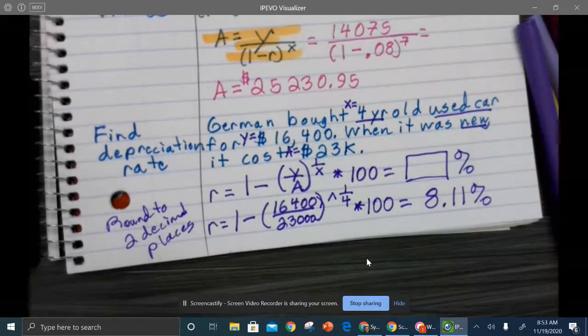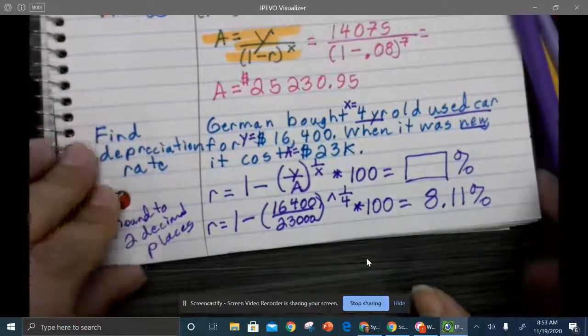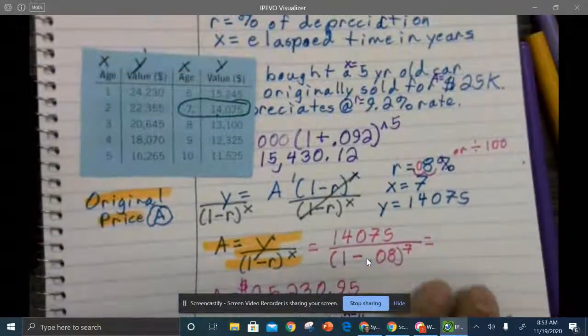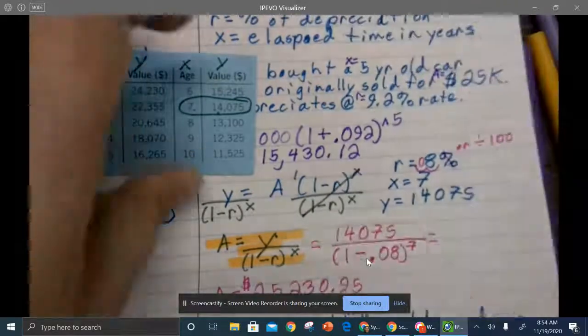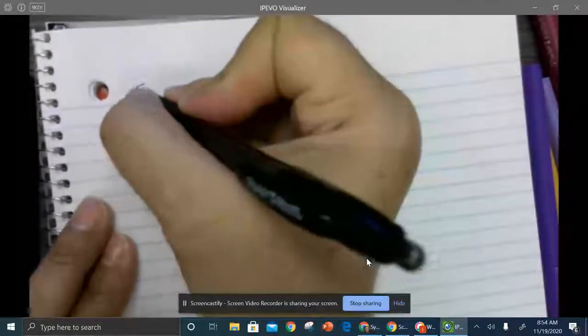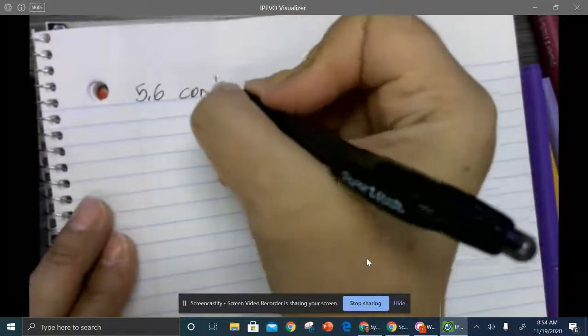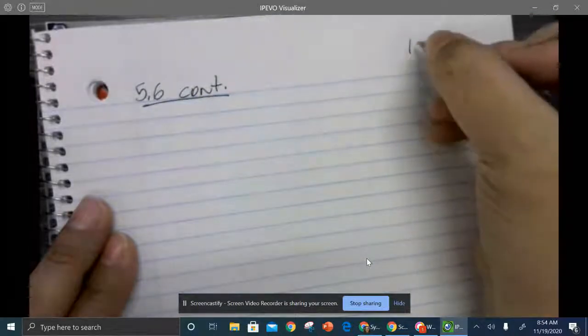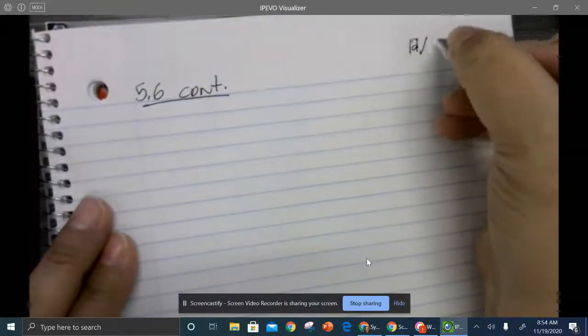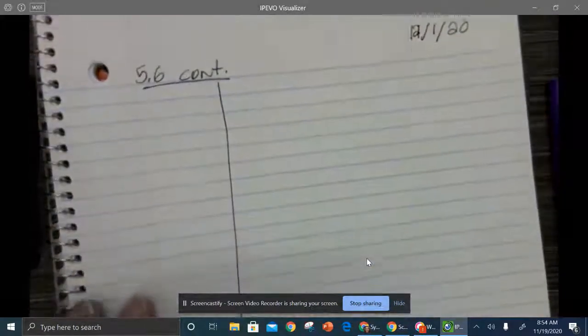Okay, so let's do a new example, everybody. Let's say we needed to solve for time, because we can also solve for time. Okay, last one. Solve for time.